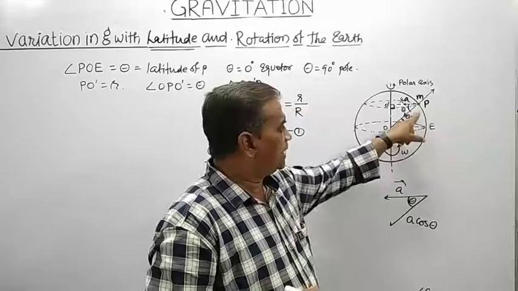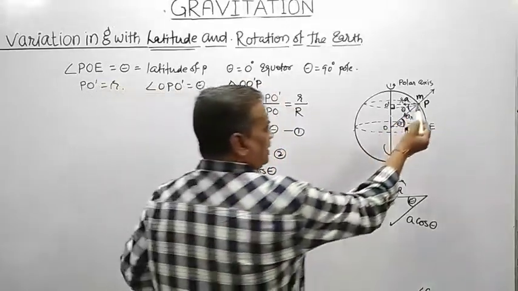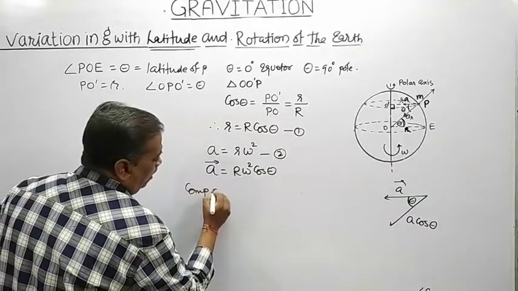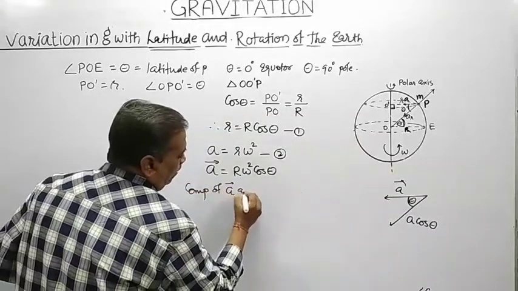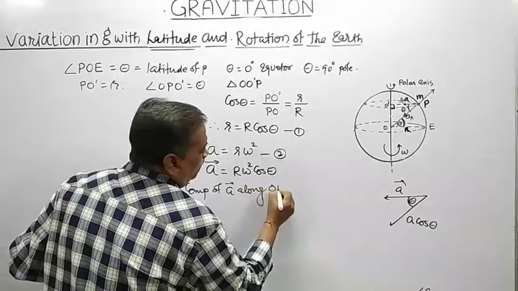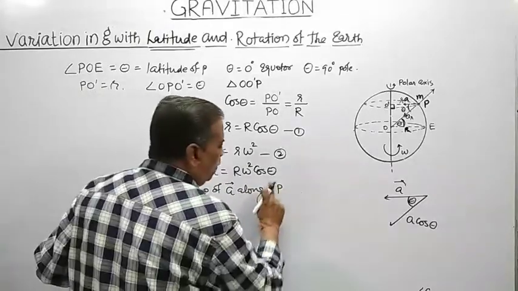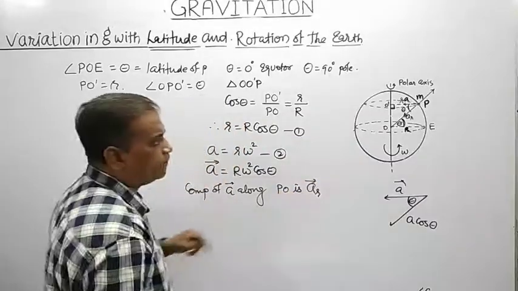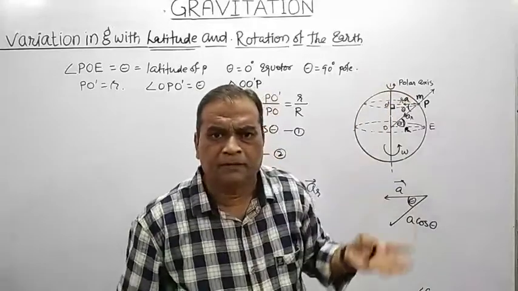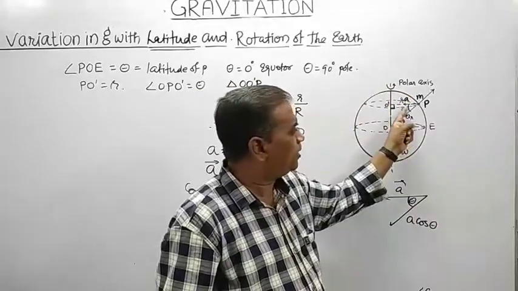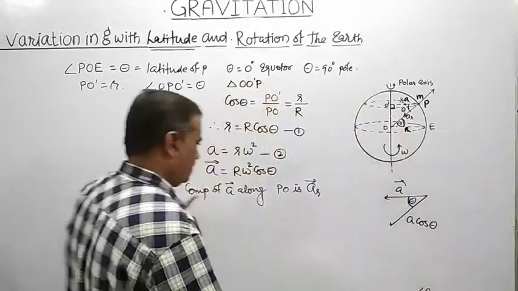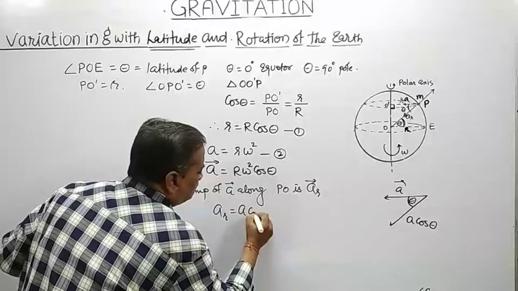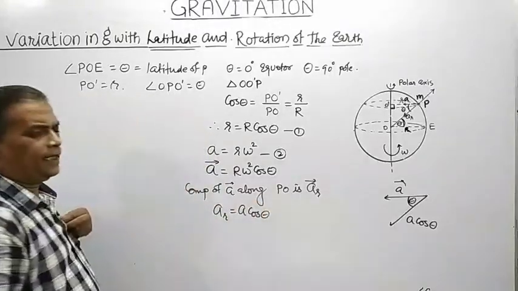So the component of A along OP or along PO is AR. You can resolve this vector A into one of the components AR which makes an angle theta. So we know that AR is equal to A cos of theta.